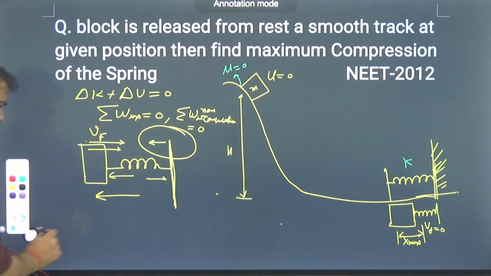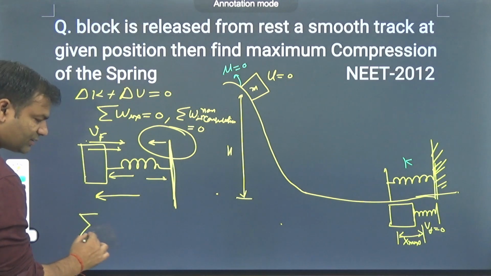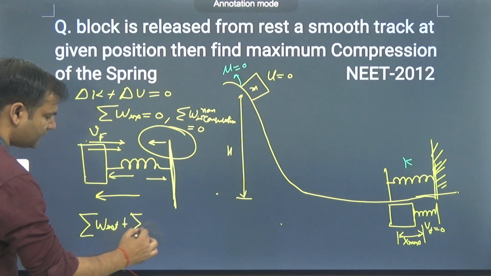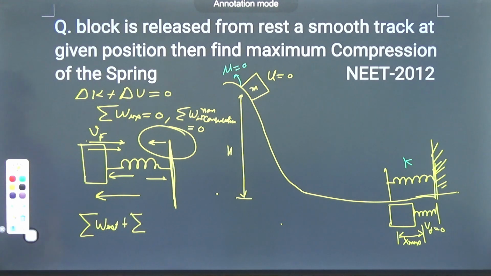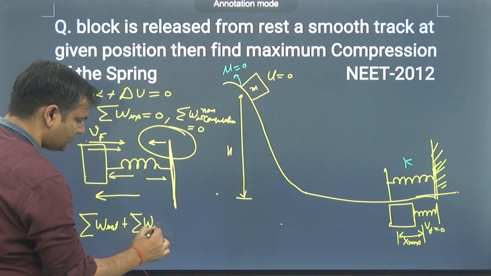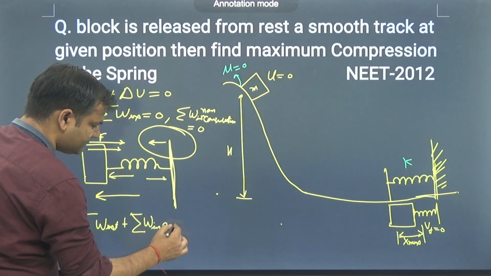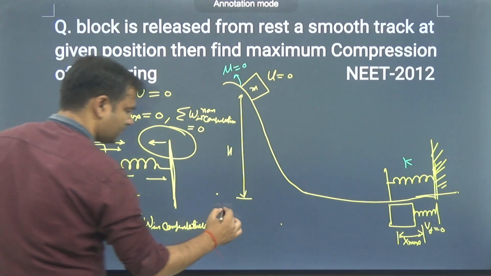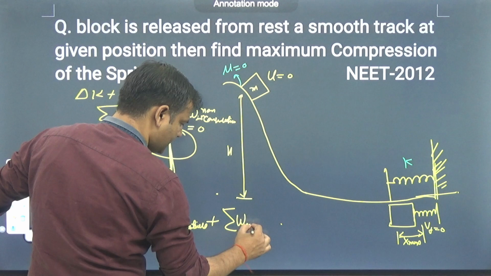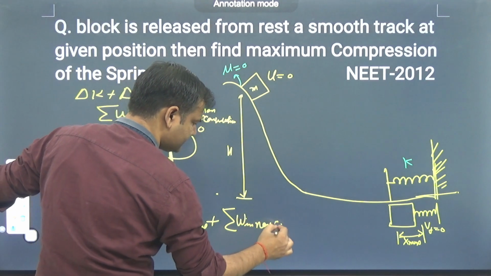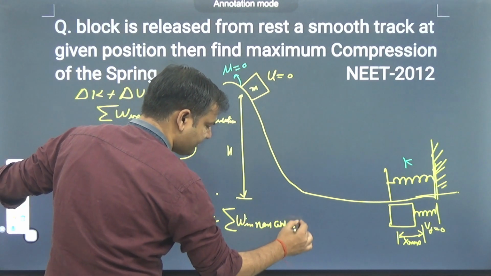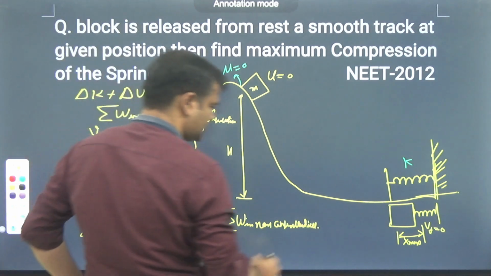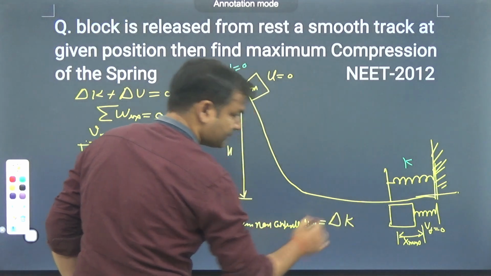So according to our work energy theorem, external work done plus internal work done due to conservative force, plus work done by internal non-conservative force, equals delta K. Clear or not?